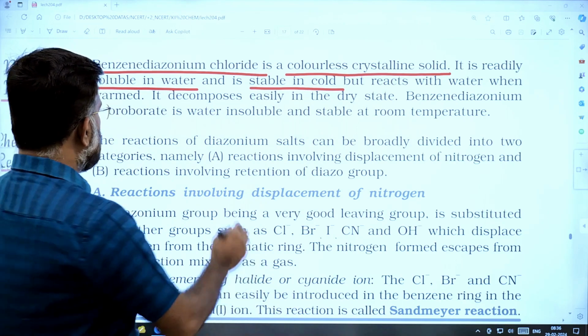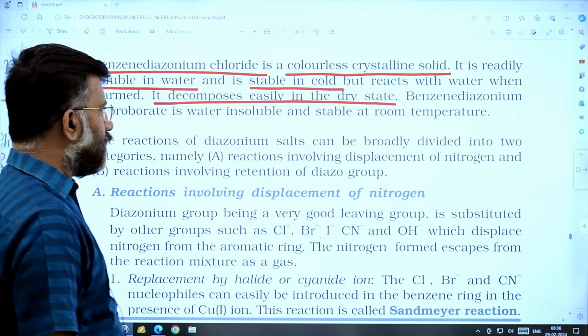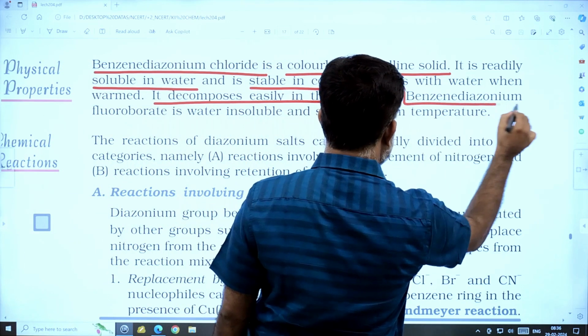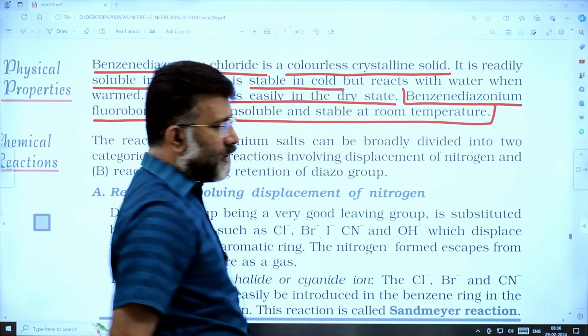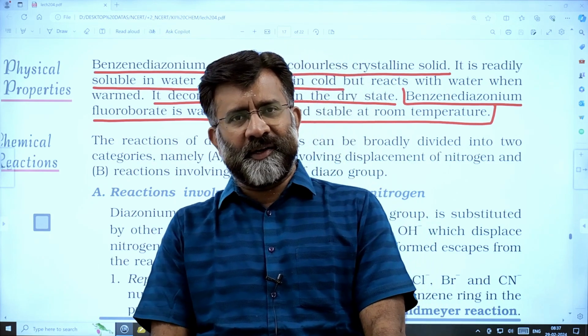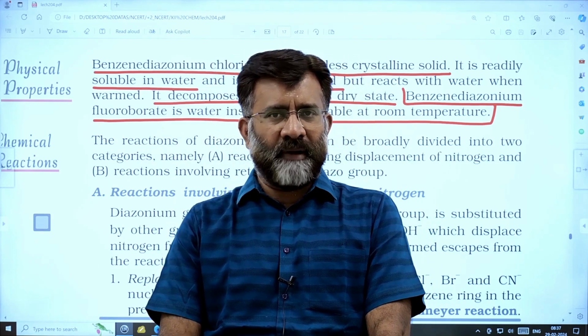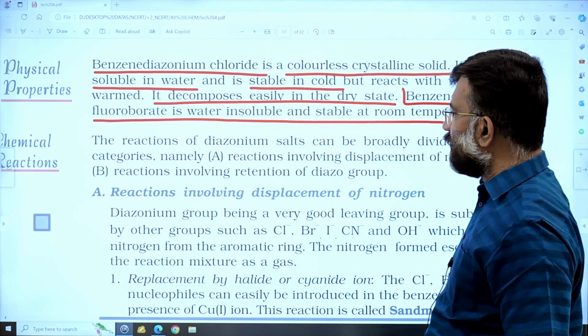It decomposes easily even in dry state, while benzene diazonium fluoroborate, C6H5N2+BF4−, is water insoluble and stable at room temperature.